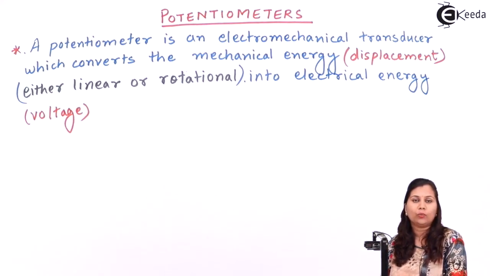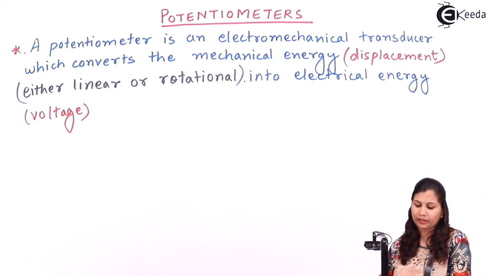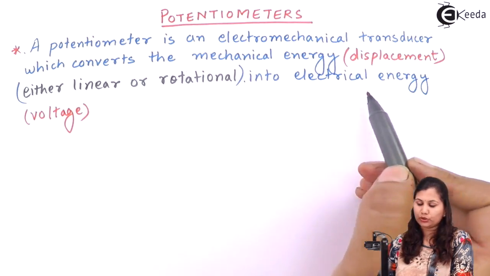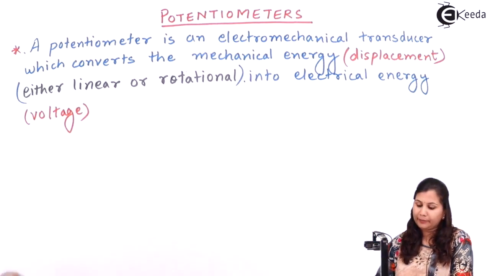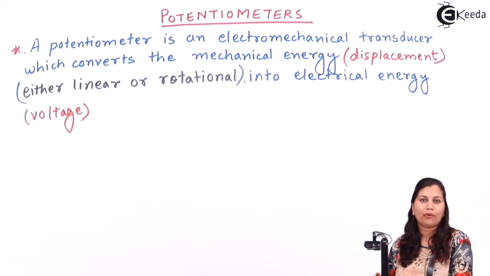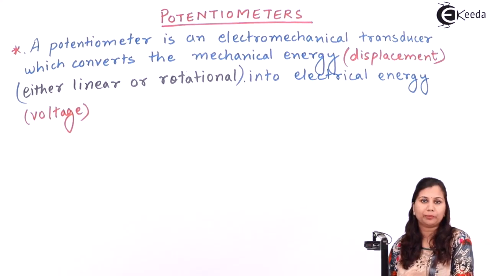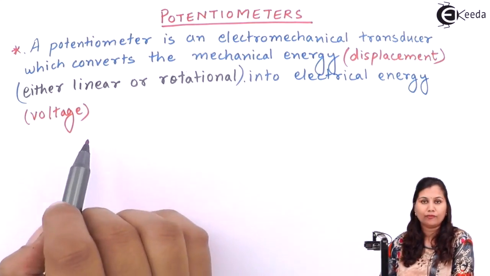So basically what a potentiometer is doing is converting mechanical energy into electrical energy. The mechanical energy is in the form of displacement, which can be either linear or rotational, and the electrical energy, or the output of the potentiometer, is voltage.